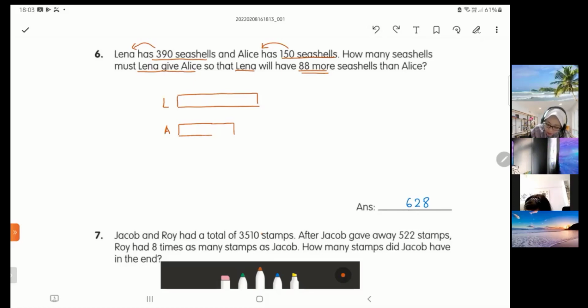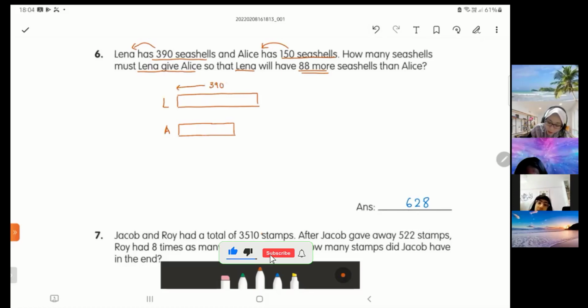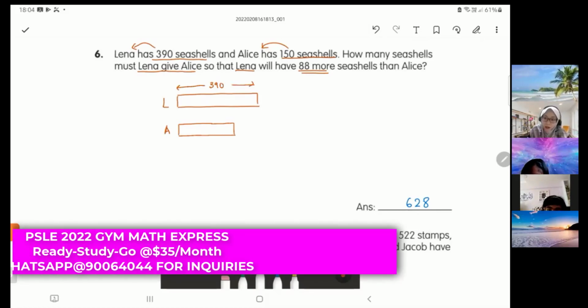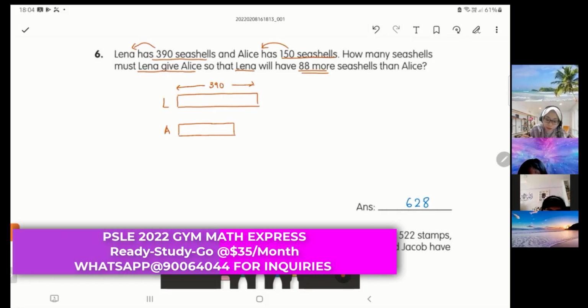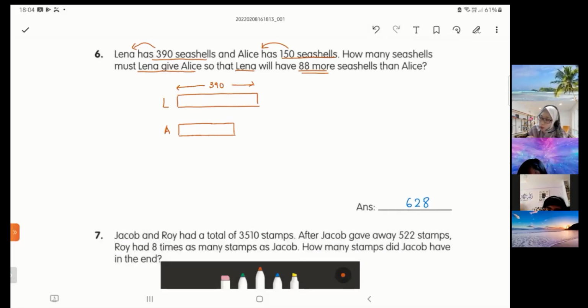Then we are going to input the numbers. The whole thing for Lina is 390. Put it on top like that. The whole thing for Alice is 150. Okay, so I want to know how many must be given to Alice, which means Lina must give to Alice so that Lina will have 88 more.